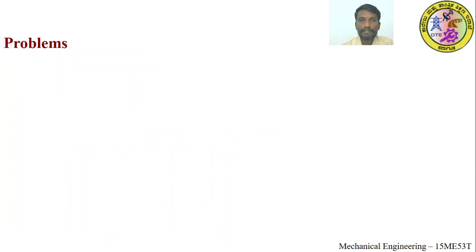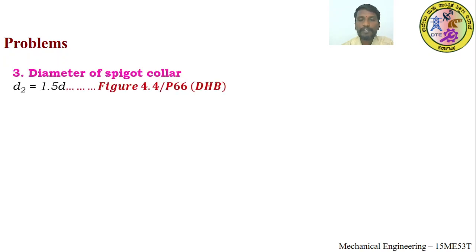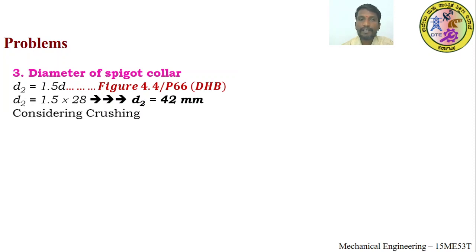Come to the third one, the diameter of the spigot collar. Small d2 is 1.5 times d, from figure number 4.4 on page number 66. Applying the values, we get d2 is equal to 42 millimeter. But this spigot collar is under crushing.